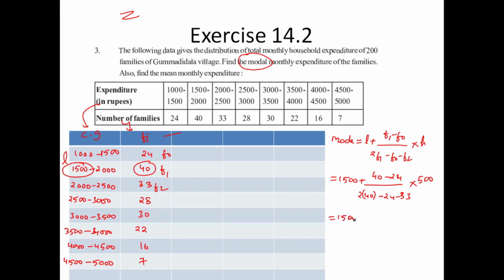So this is 1500 plus 16 into 500 over 80 minus 57. Doing these two, we will get 8000 exactly, and doing this subtraction, 23 in your denominator. Dividing these two, the resultant is 1500 plus 347.8.